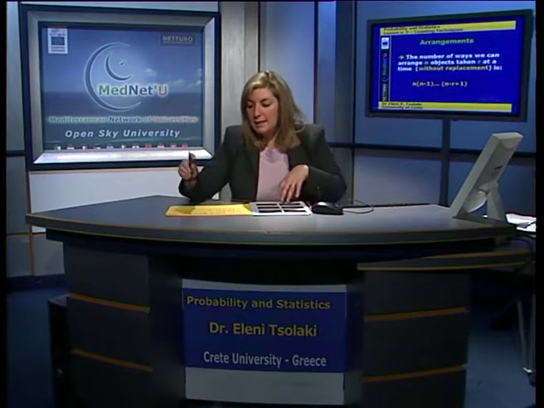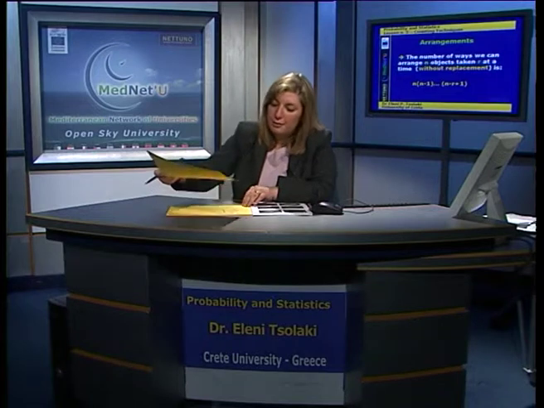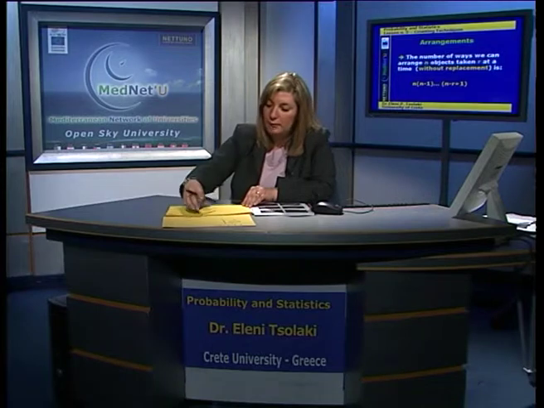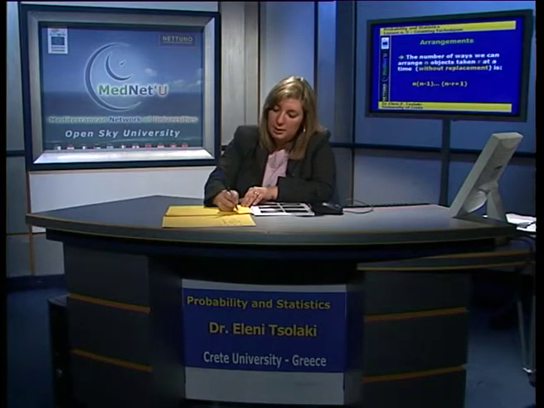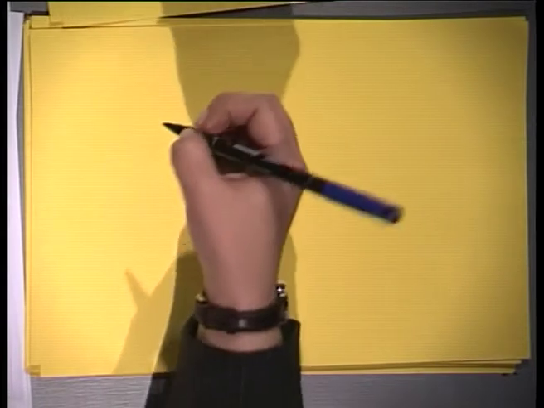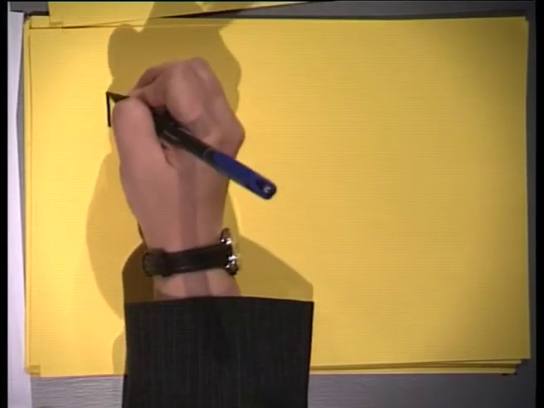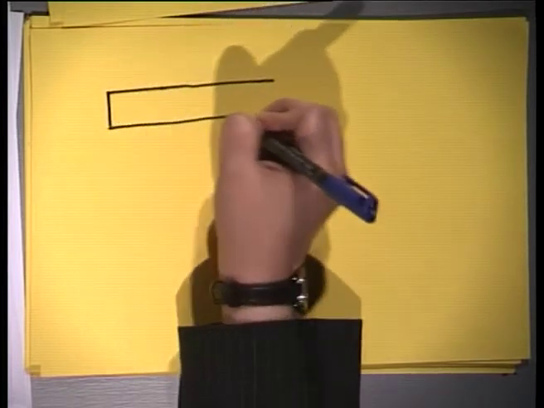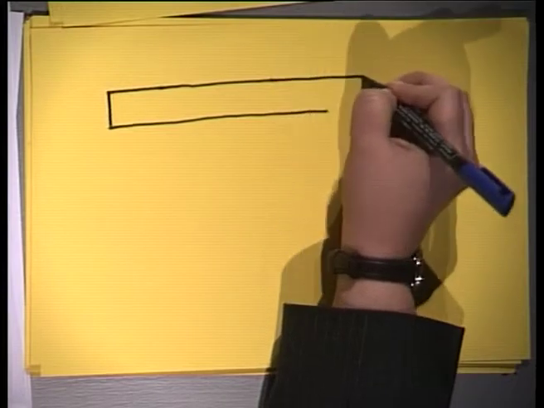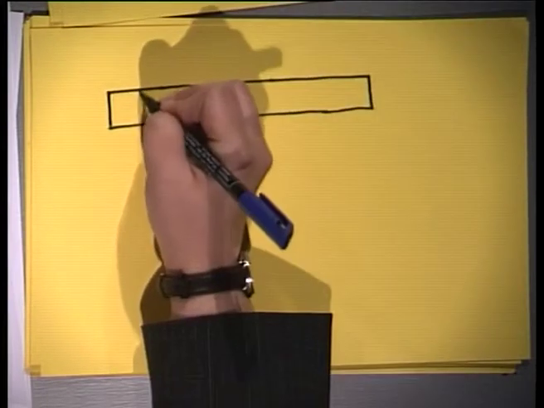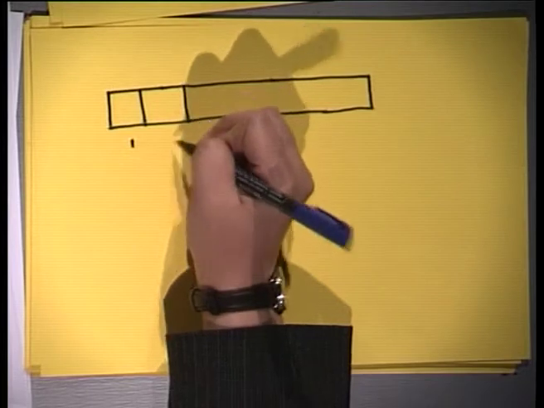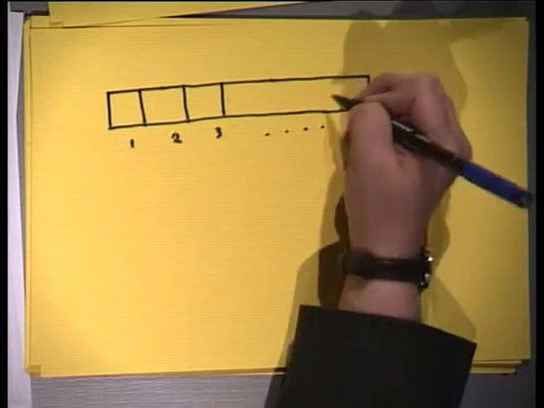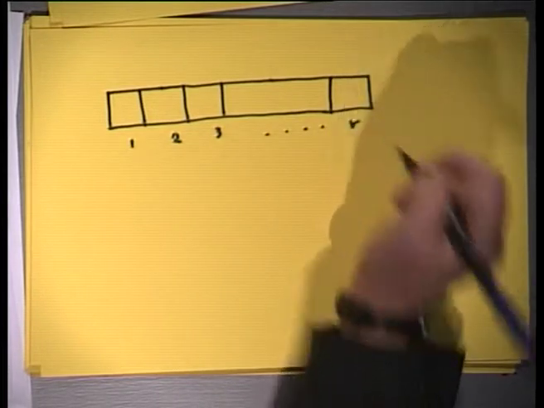Now, in this case, we are going to think of this as having our boxes, which we draw here. Box 1, 2, 3, and so on, up to r.